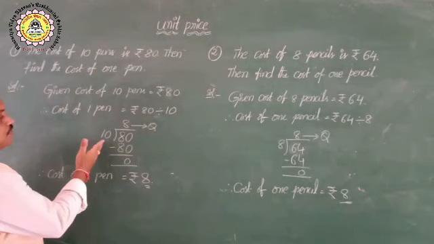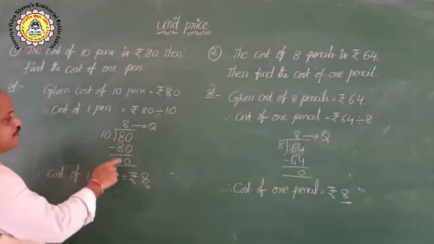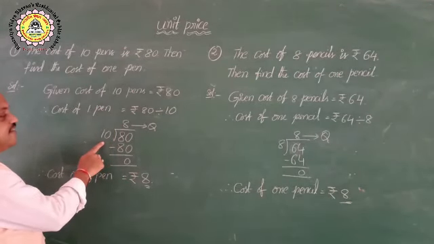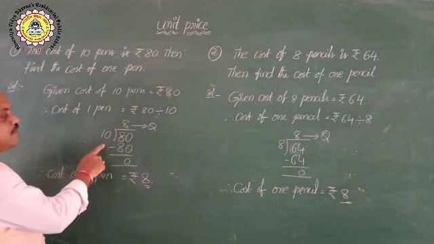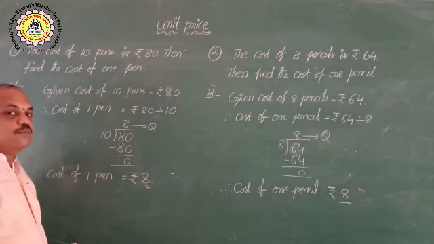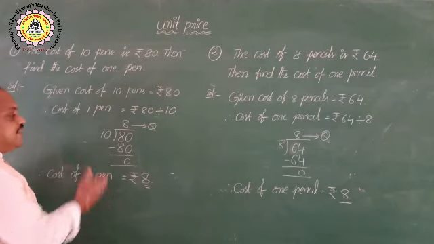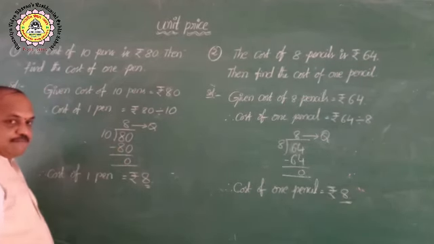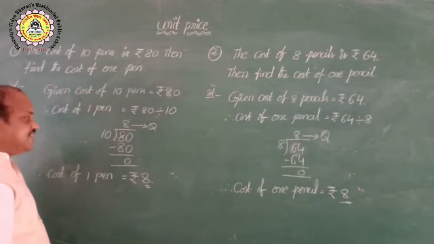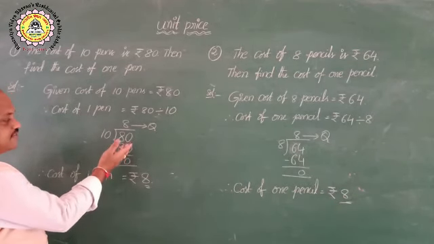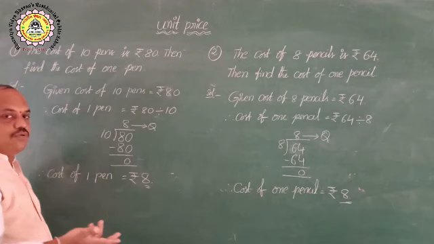So here I did the calculation part. Just observe here. 10 divides 80. 10 how many times 80? See, 10th table is very simple. 10 8s are 80. So subtract it. 80 minus 80, 0. Why?